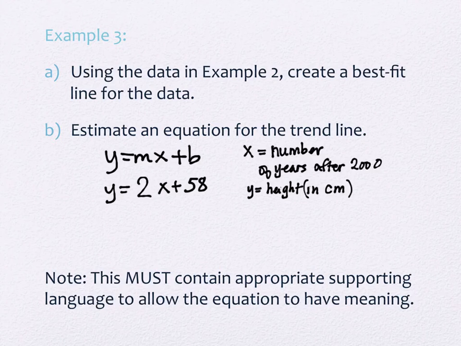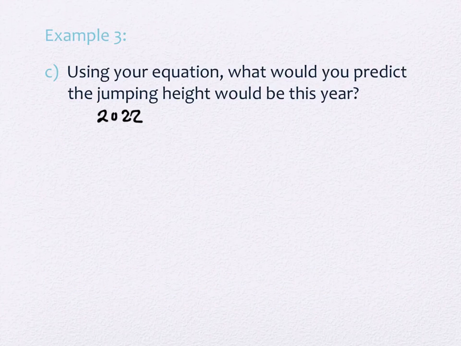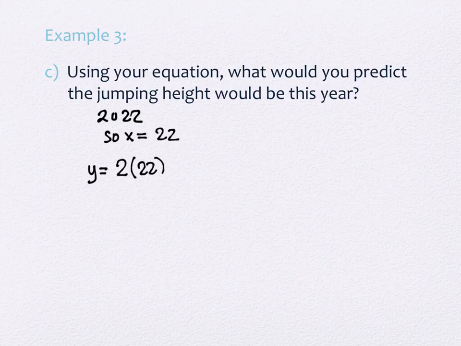So if my x is being described as the years since 2000, then I need to make sure that the x value that I use corresponds to that. So my x is 22. And that's what tells me what I put into this equation for the x. If you put in 2022, you're going to get a really funny answer. It's not going to make any sense because your equation wasn't set up to accommodate that.